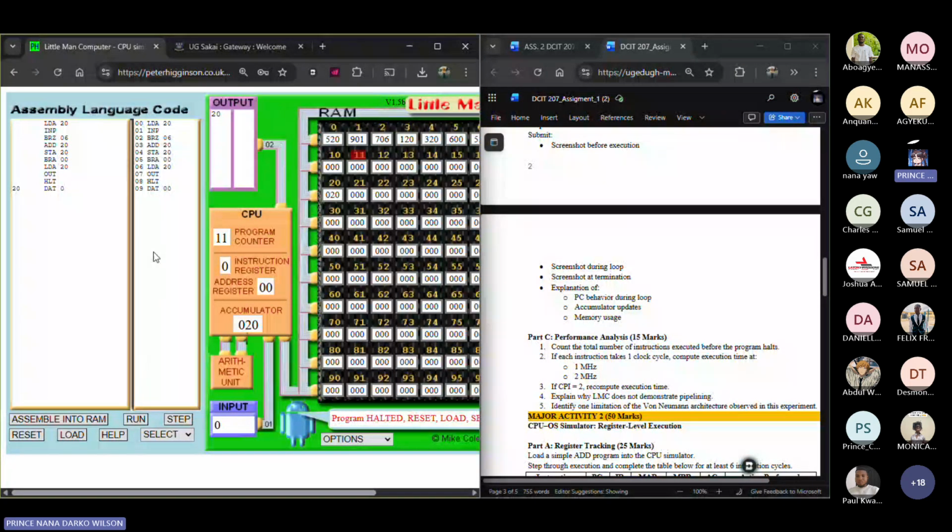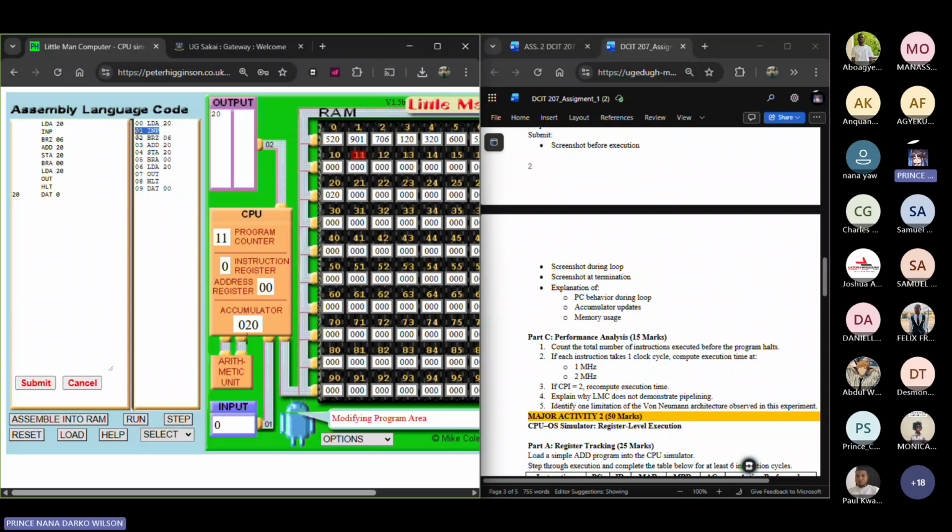Right. So now let's see what has happened here. From the start of the program, it loads the data that I stored in 20, and we initialize that to be 0. So it loads the 0 and it stores it. It brings it to the top of the code, the instruction. Then we take an input from the user.